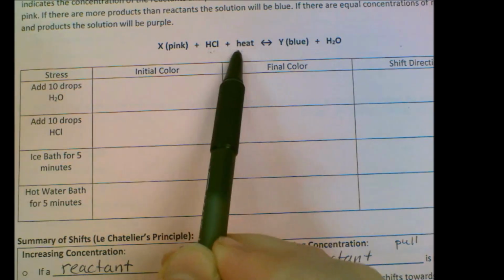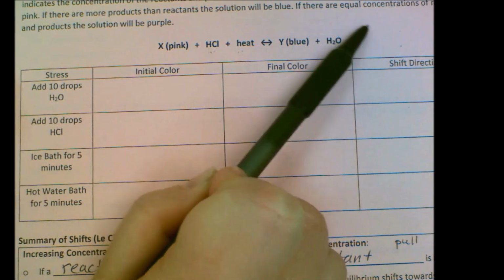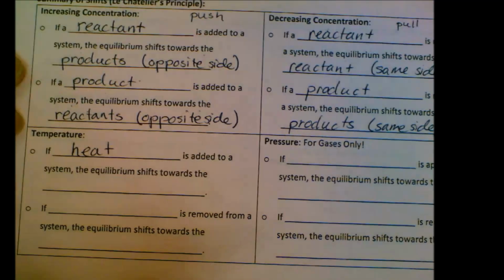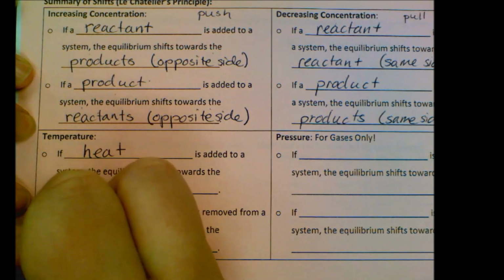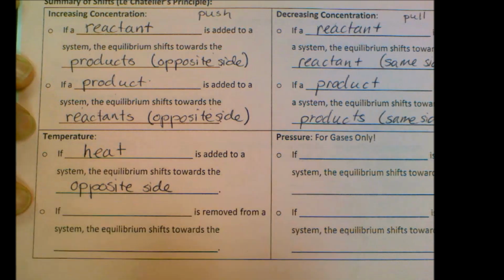Now, it's because the heat was a reactant. It pushed away from it. If our heat was on the product side, it would again push away from it. So it will always shift towards the opposite side. Okay?